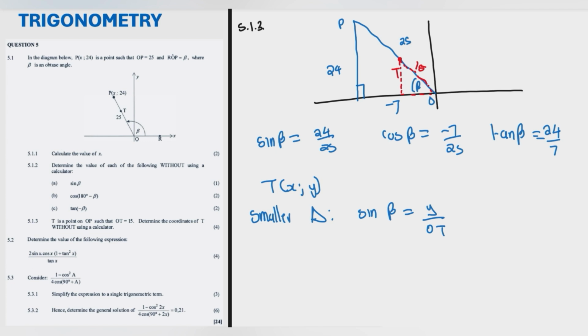You know the values there, so we're just going to substitute in. So it's going to be y over 15.